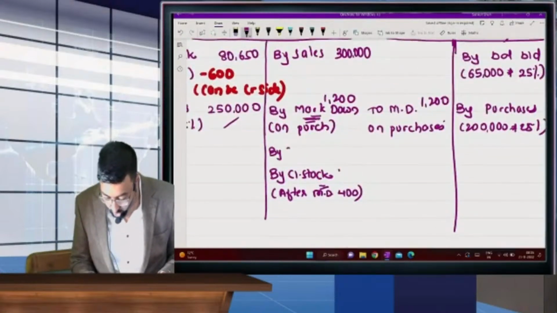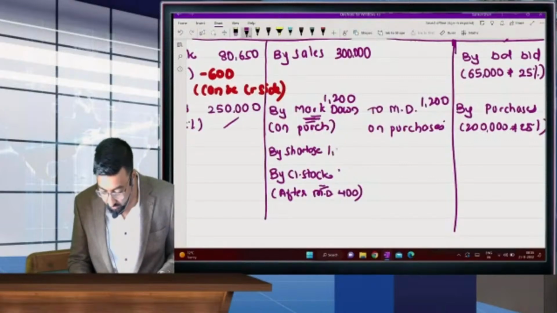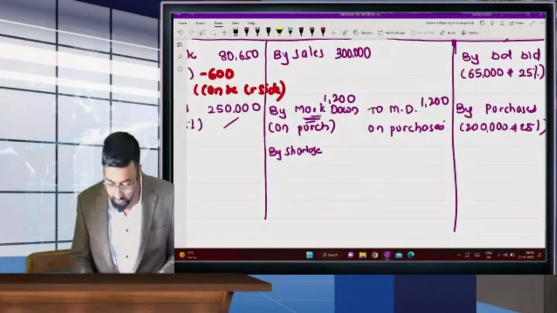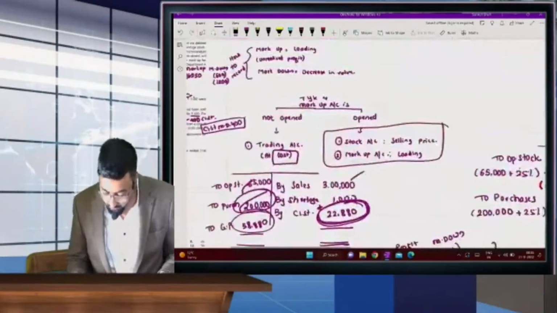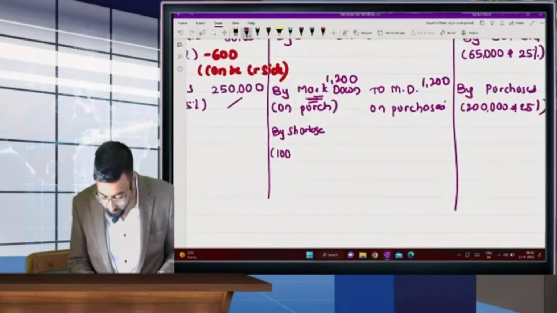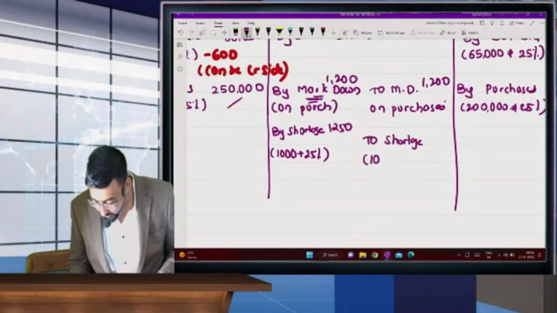सॉरी, by shortage 1,000. सॉरी, एक रह गया लिखना. शॉर्टेज कितना था? 1000, but by shortage 1000 plus 25%, 1250. To shortage 1000 into 25% 250.